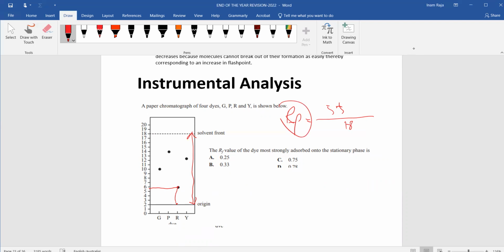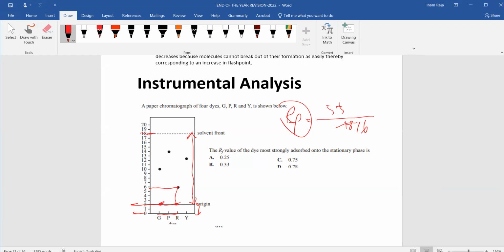An important thing that many students get wrong, which I did just now, is that this 18 is the distance traveled from here, and we want to know the distance from the origin, which is here. So it's not 18, it is 16, because we have to minus these 2 centimeters. The distance is from the origin, not from the starting point. Origin means where the spot was placed.